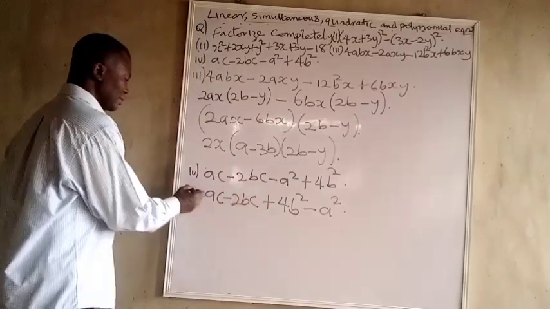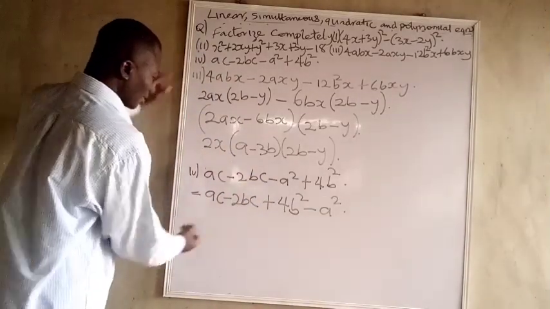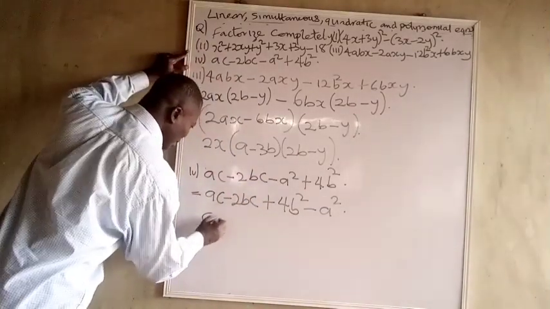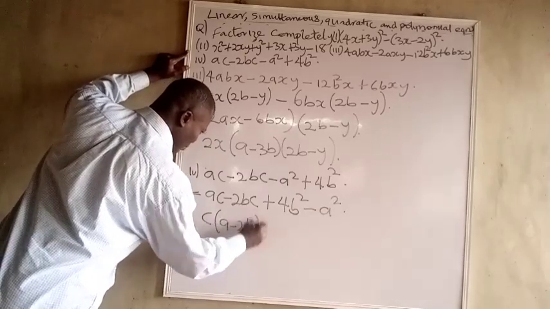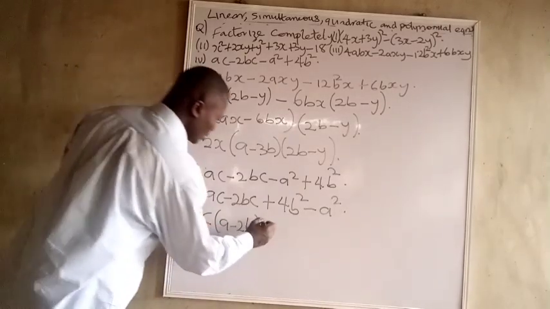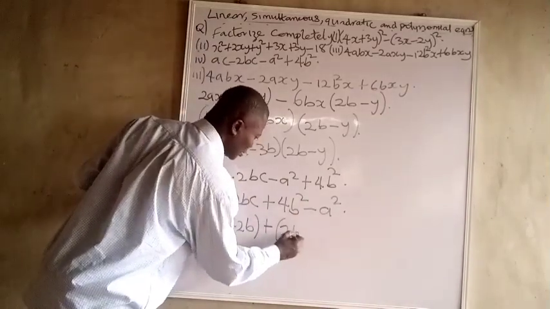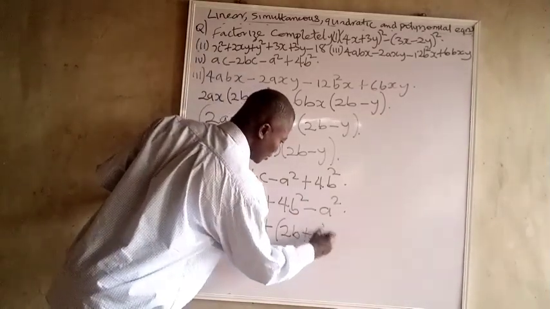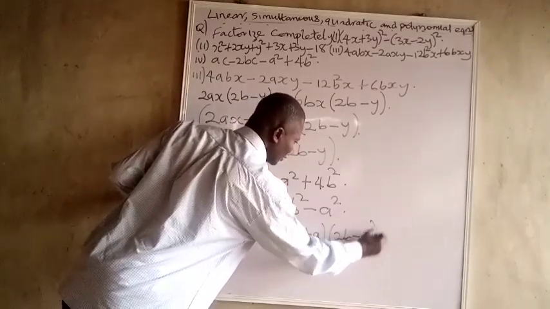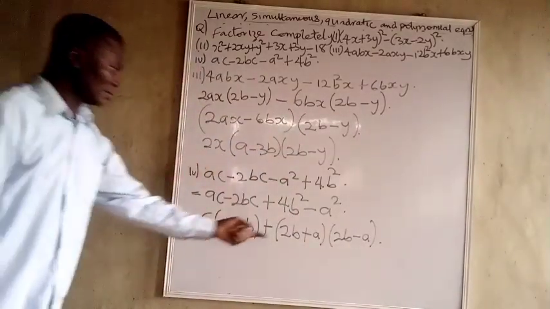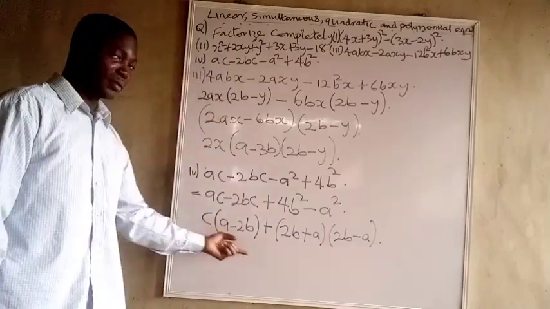So that's the rearrangement, it's the same thing. Now let's factorize. c is common in this place, so I can say c into a minus 2b. Plus, if I factorize this, I'm going to have 2b plus a into 2b minus a. You can see, so this one and this one.